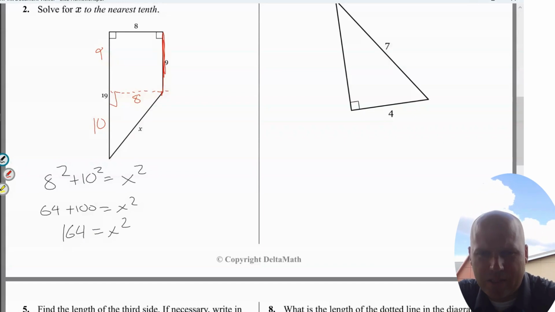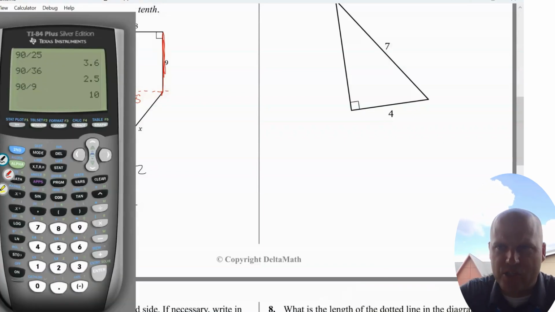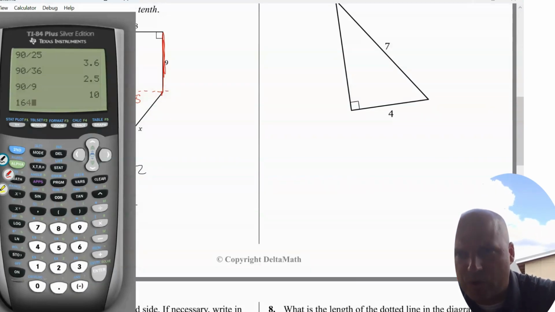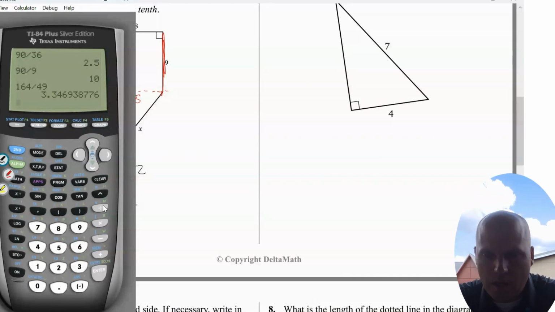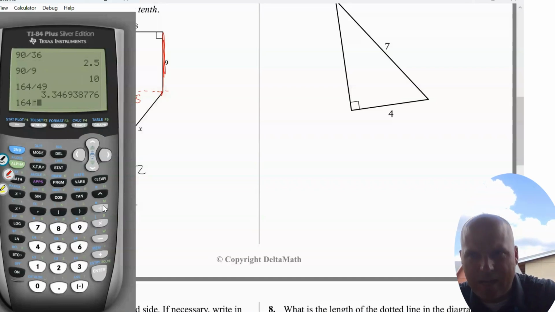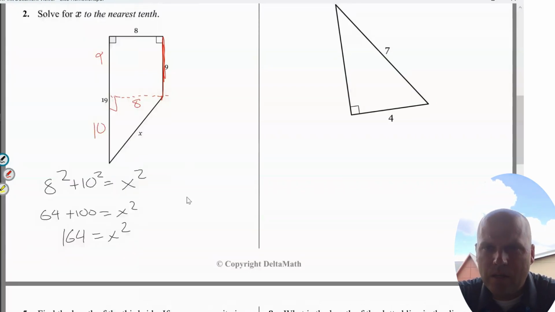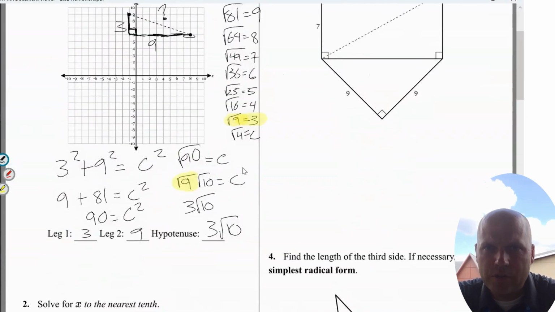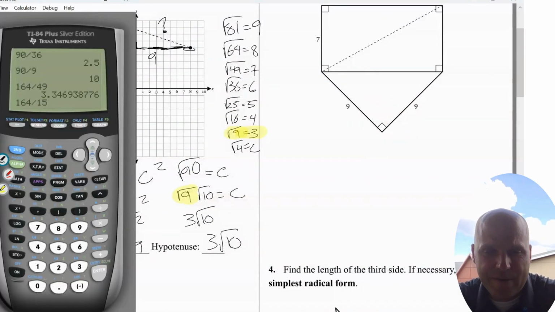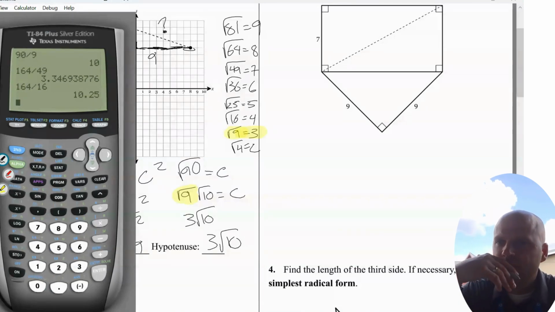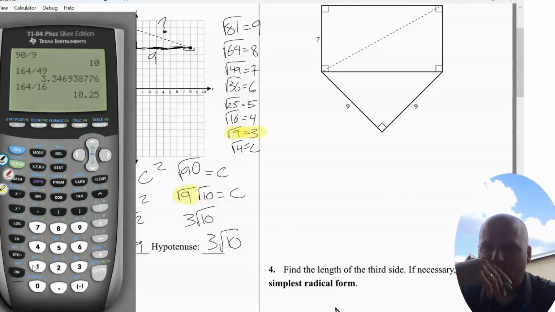Now, it could be that if you have a calculator, you just start dividing 164 by, I don't know, maybe 49. No. 164 divided by, I want to try something large, like 16. And no, so I end up doing 4, but I feel like maybe 9 works.